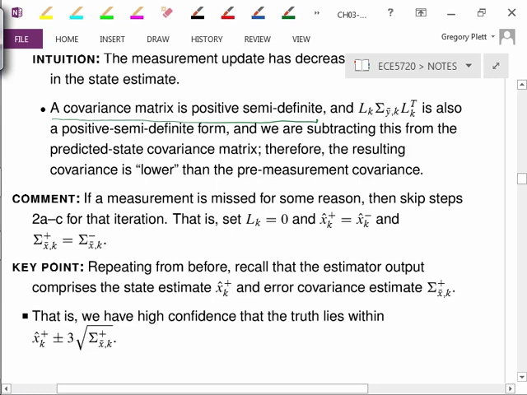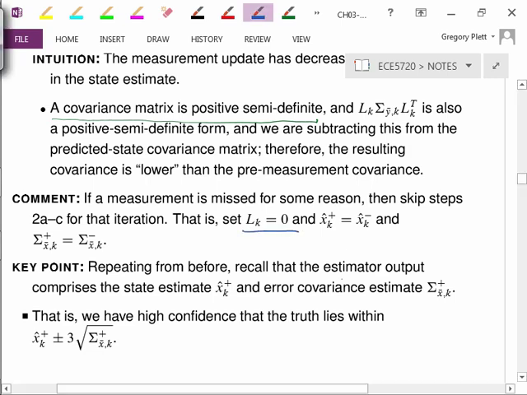If for some reason we miss a measurement because a sensor faulted temporarily, or there was a communication issue between the sensor and my battery management system processor or something like this, then all is not lost. We simply do the prediction steps, 1A, B, C, and we skip the update steps because we don't have any information with which to make the update.